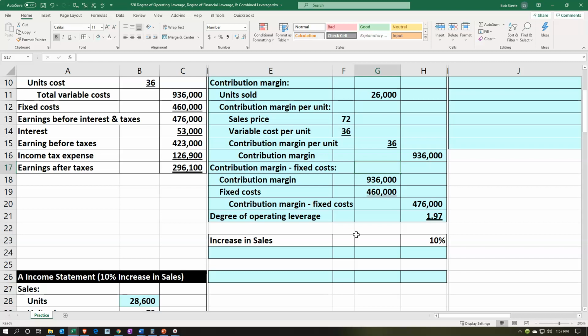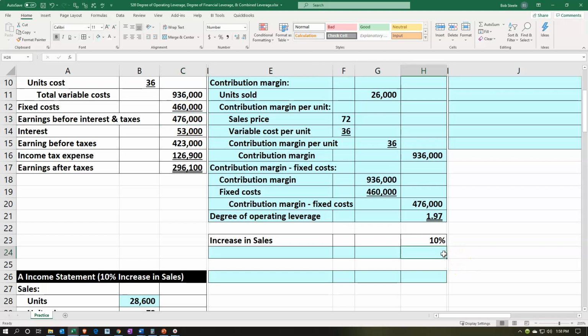And there's a nice little calculation you can use to think about this. We could say, what if there's an increase in sales of 10%? If there's an increase in sales of 10%, we can see based on this number what the increase in the earnings before interest and taxes, in other words this number, or the operating income, will be.